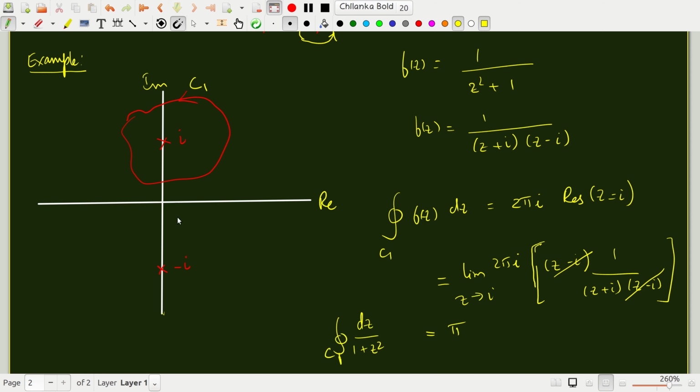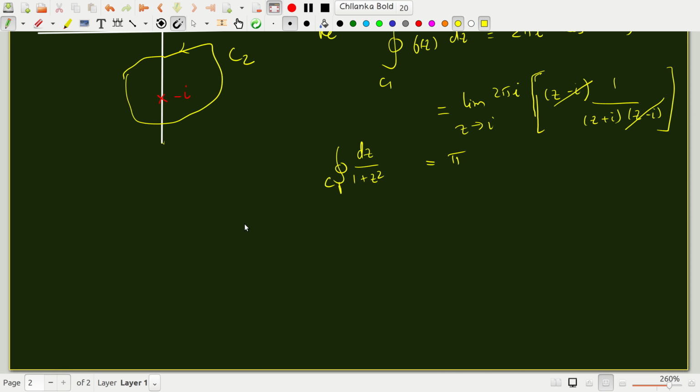Now you may say that you don't want that contour, you will have some other contour, C2, over the lower pole at z equal to minus i. Then you can verify that the integral of dz by 1 plus z squared is now 2 pi i times the residue at z equal to minus i.